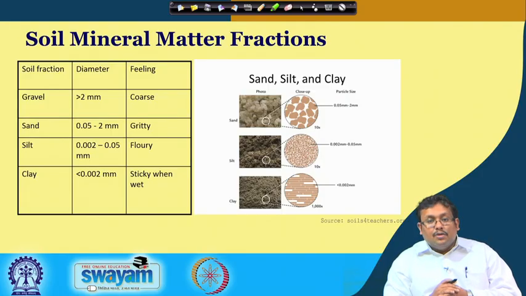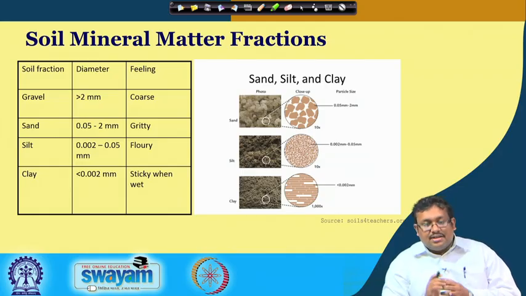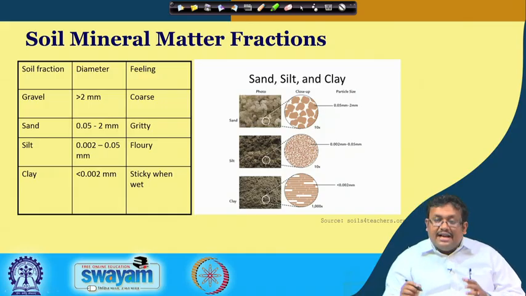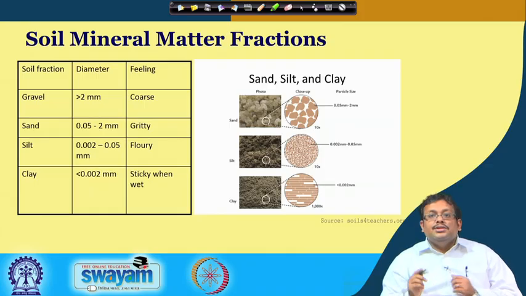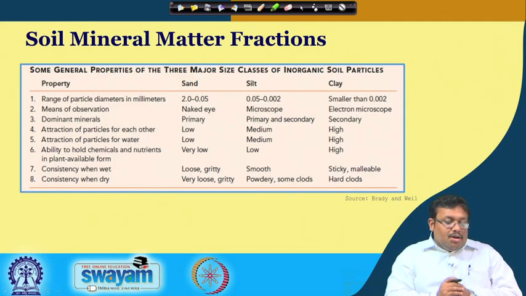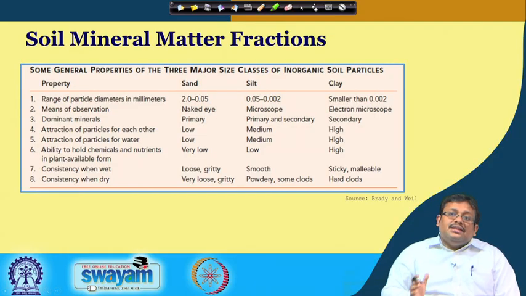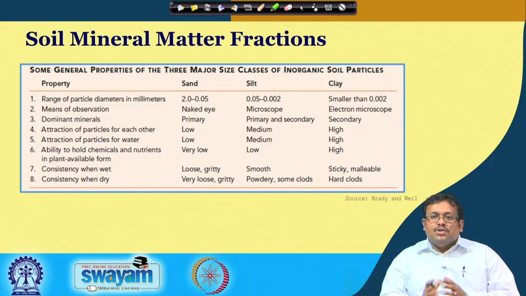Sand is the coarsest fraction, and in between sand and clay the silt fraction is present, with a particle diameter ranging from 0.002 to 0.05. Based on these sand, silt and clay fractions, we also call them soil separates.